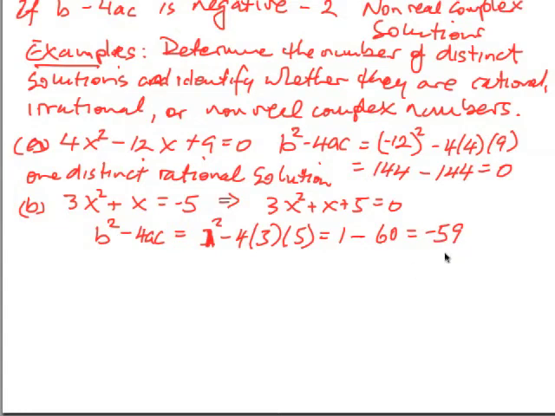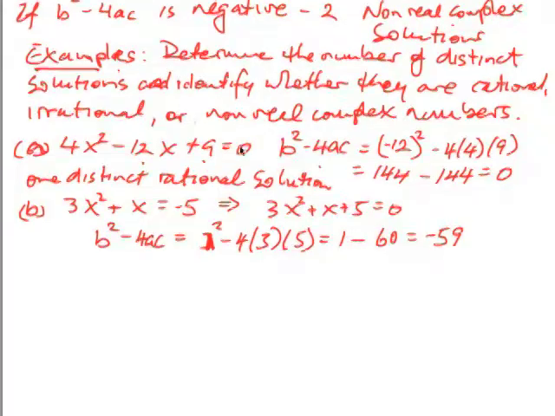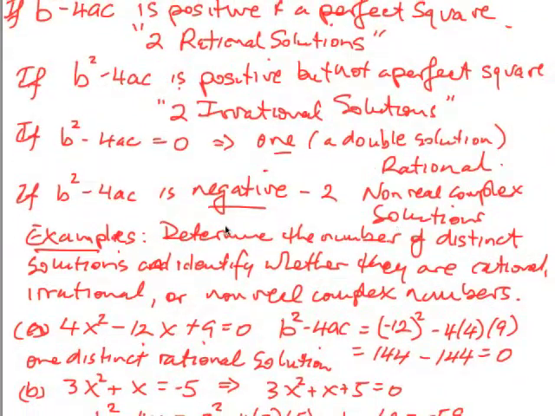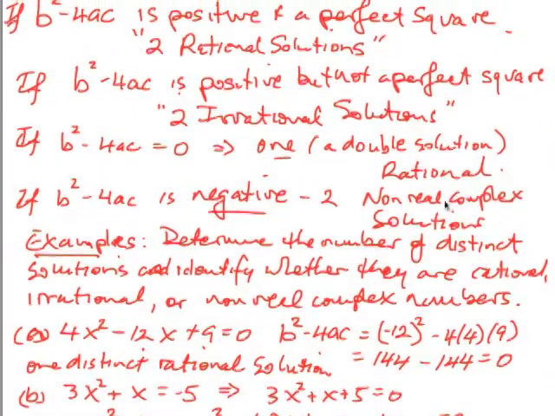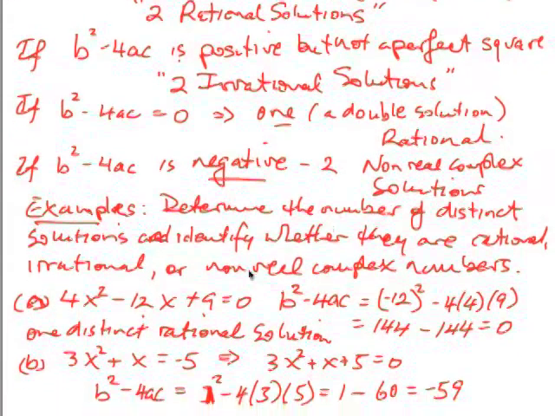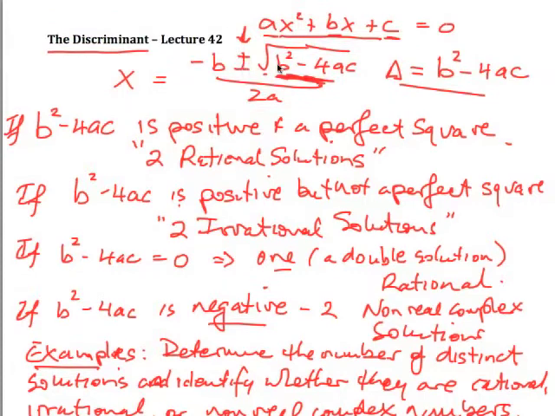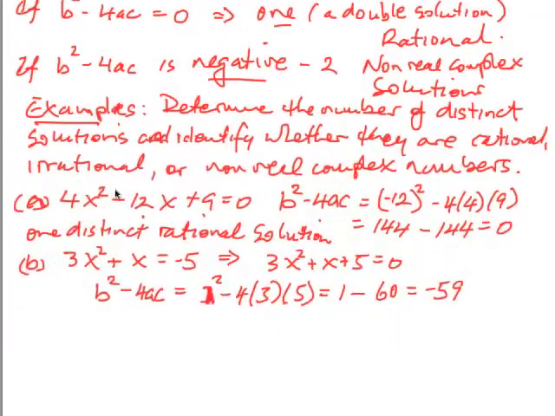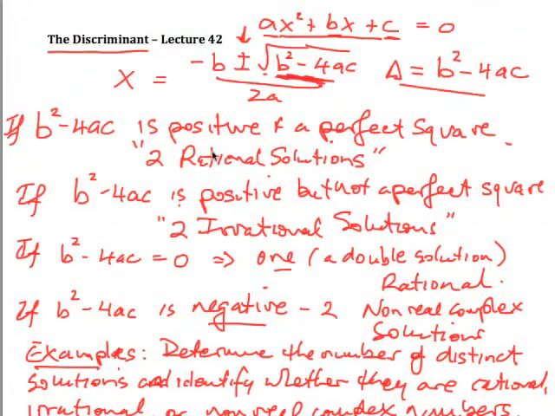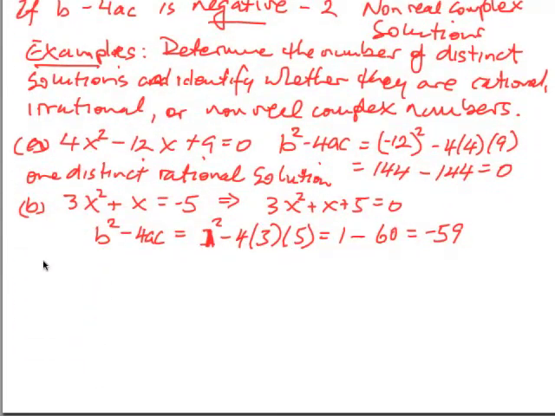So since I get negative 59, which is negative, I'm going to have 2 non-real complex solutions. And they're going to be distinct because they're going to be plus or minus, so we'll get 2 different answers. So we'll have 2 distinct non-real complex solutions.